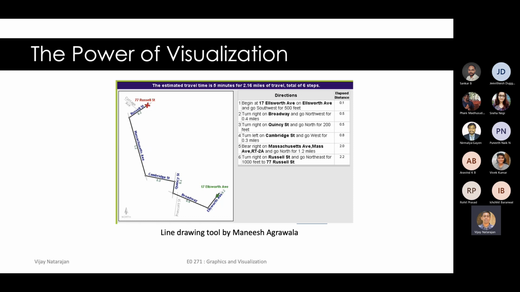So these tools would often give you turn by turn instructions, like what you see on the right. So it will say begin in this avenue, turn right on this road, go for another so many feet or so many meters, and then turn left and so on. So these were good instructions, but you had to keep looking for, for example, the second instruction is turn right on Broadway, right?